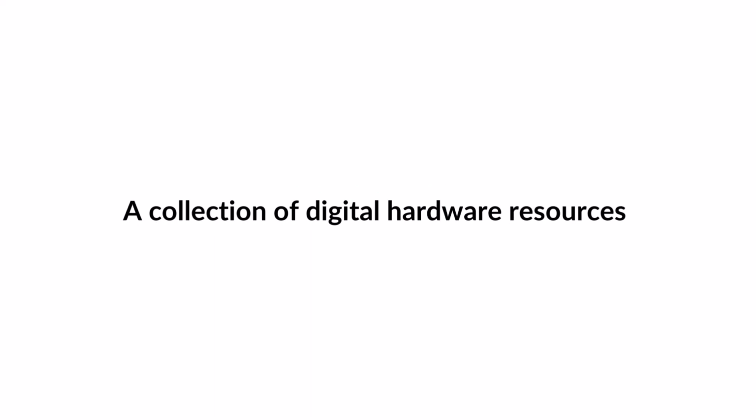In earlier videos, we delved into the fundamental nature and structure of FPGAs. These aspects themselves reveal the key distinctions from processors. Remember, an FPGA is essentially a collection of digital hardware resources that can be configured to create various digital circuits.